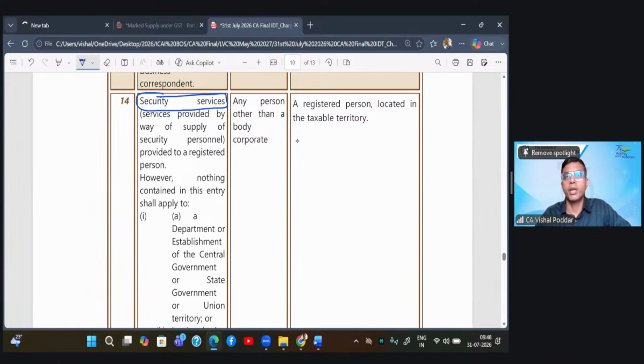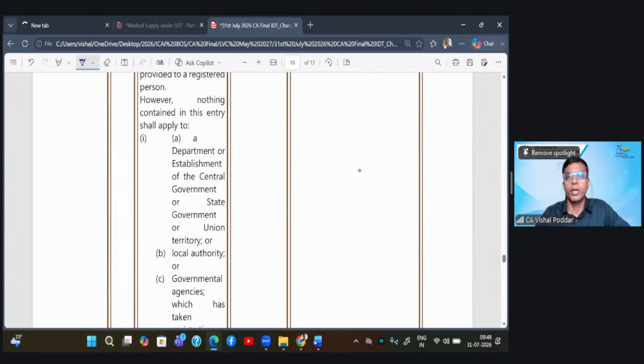Now, when will it be under RCM? When the supplier is a person other than a body corporate. So the supplier can be an individual, HUF, partnership firm, but not a body corporate, and it is providing this service to a registered person. So whenever a non-body corporate, that is an individual, HUF, partnership firm, is giving security services to any registered person.